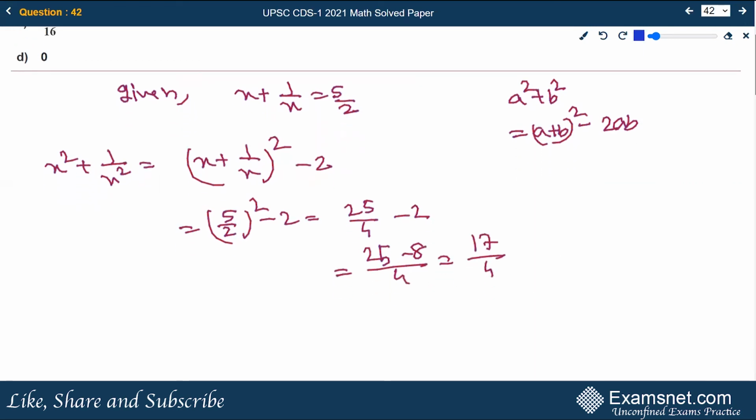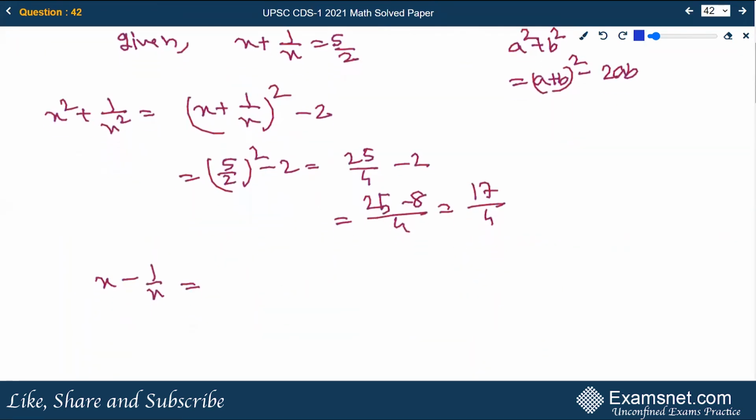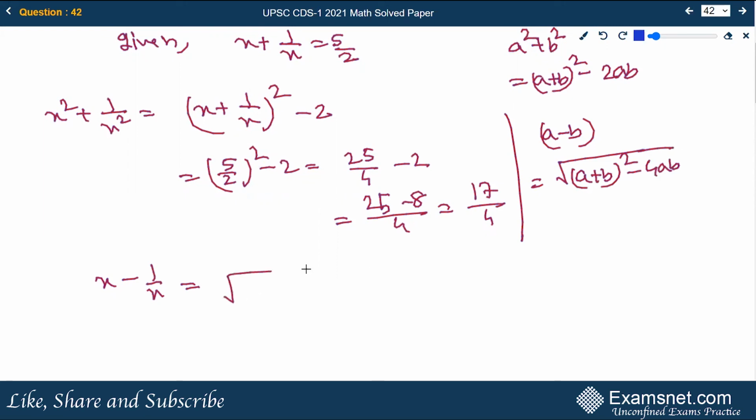Fine. Now further, I can find the value of x minus 1 by x as well. How? The formula is, look, a minus b can be found by root under (a plus b) whole square minus 4ab. The same formula we will use here: root under (x plus 1 by x) whole square minus 4.